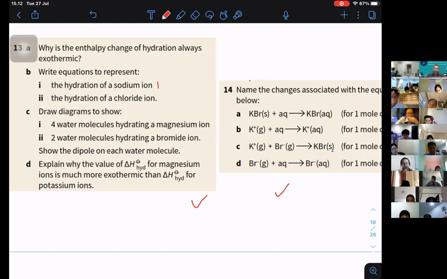So Na plus gas plus aq gives you Na plus aqueous. Something like that. Hydration of chloride ion is similar: Cl minus gas plus aq gives you Cl minus aq. Then draw diagrams to show 4 molecules hydrating a magnesium ion.